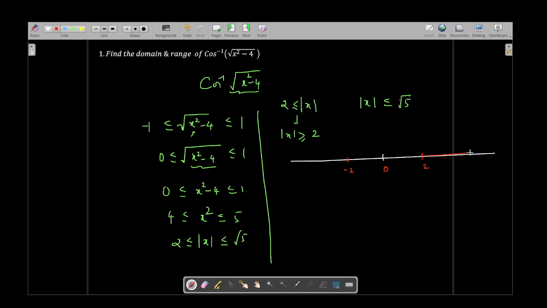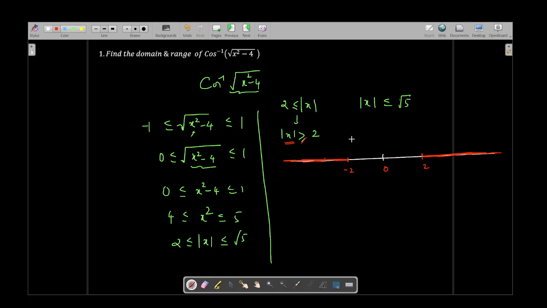You can take any point after 2, and the distance of that point to 0 will be greater than 2. Similarly, on the left side you can take any point after -2. -2 is also included because we have equal here. So this is my interval where the distance from the origin is greater than or equal to 2.